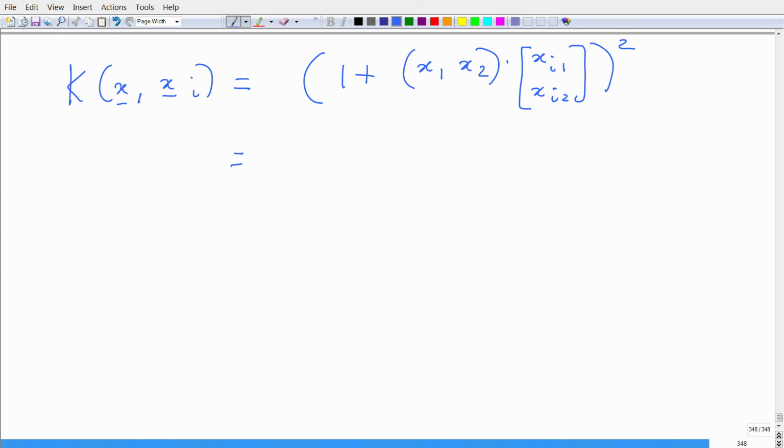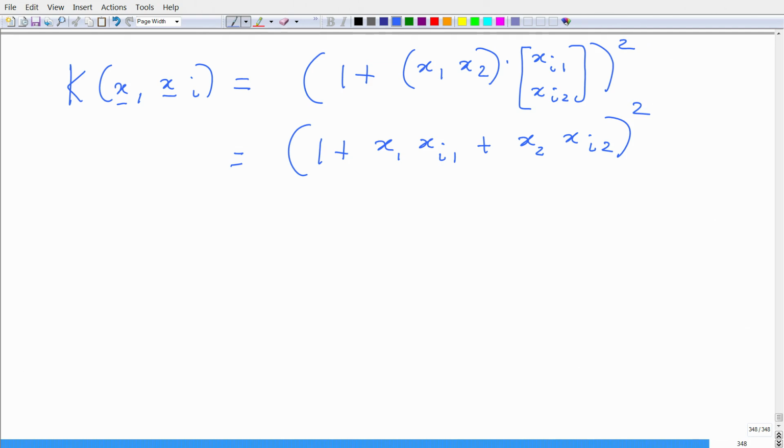So if I expand this out, I have 1 plus x1 xi1 plus x2 xi2. So I have 3 terms and I square this up.